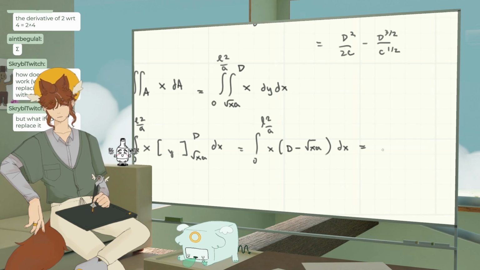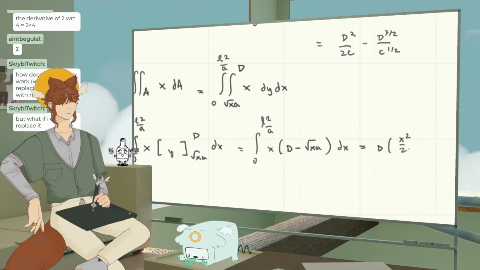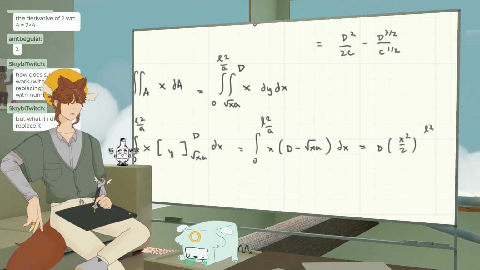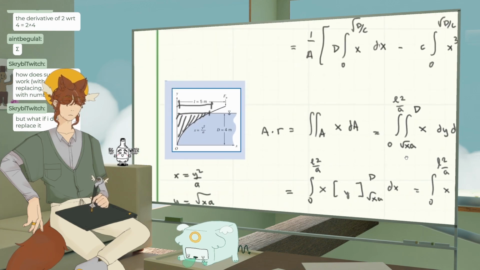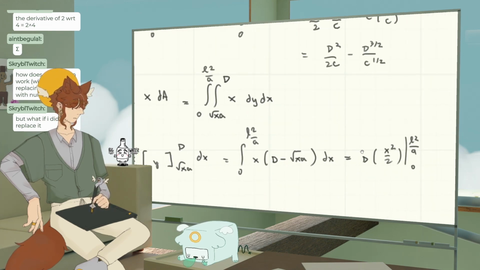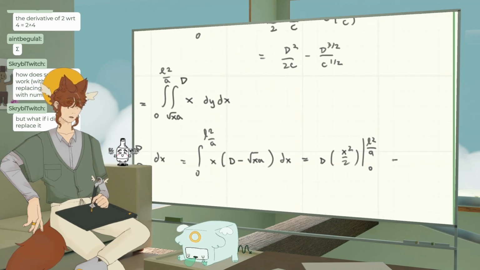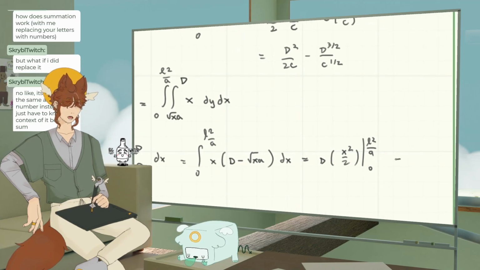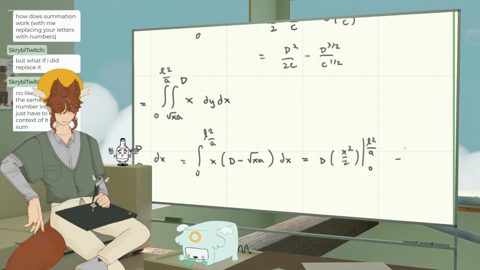Okay, this is equal to d times, I'm gonna do this. We're gonna do x squared over 2, L squared over A, 0. Wait, was it L squared over A? Yes, unfortunately. And then minus x times square root of xa.